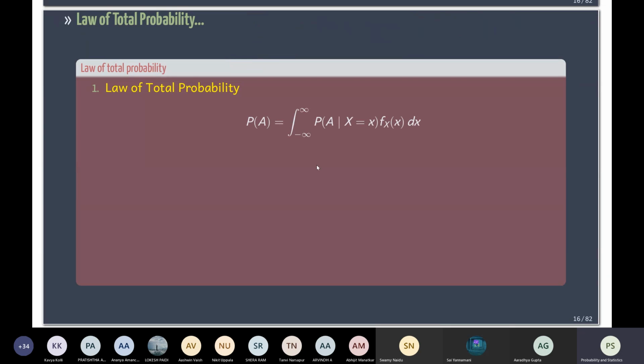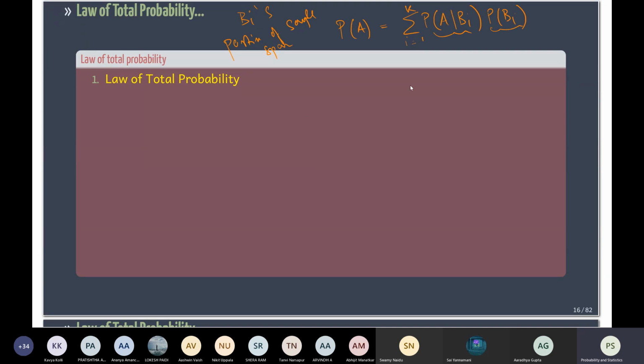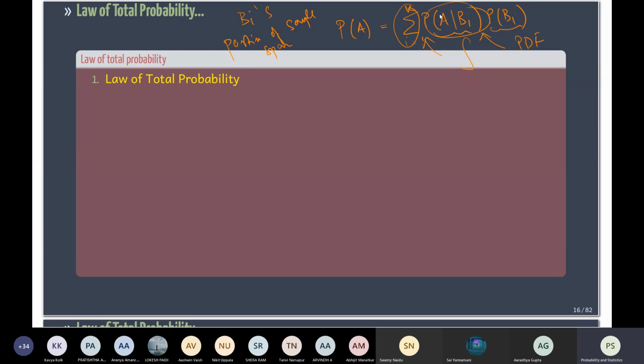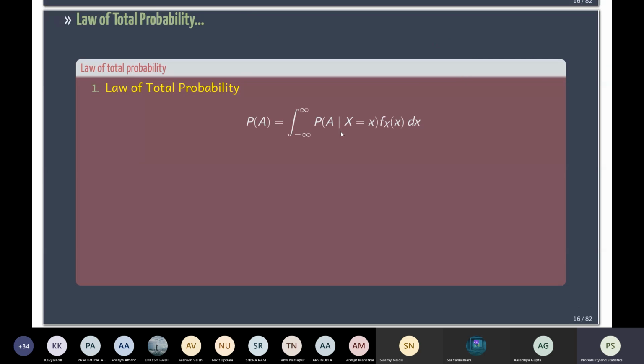Instead of the summation, the only thing we have to do is change to an integral, and the PMF changes to a PDF. So the probability of A given B_i times the probability of B_i becomes the probability of A, which will be computed using the conditional CDF and PDF. We define this as the condition on X and then the PDF of X. Okay, so the law of total expectation.